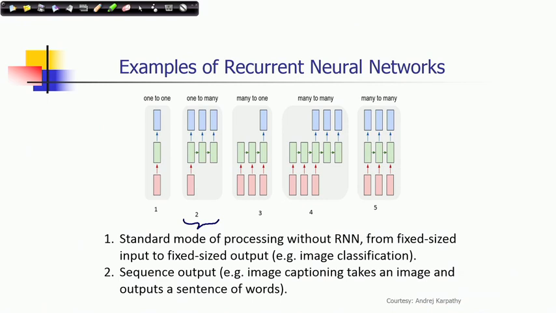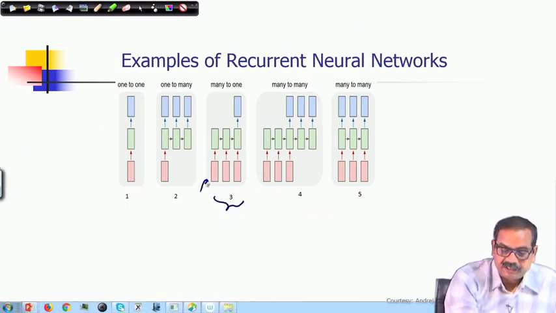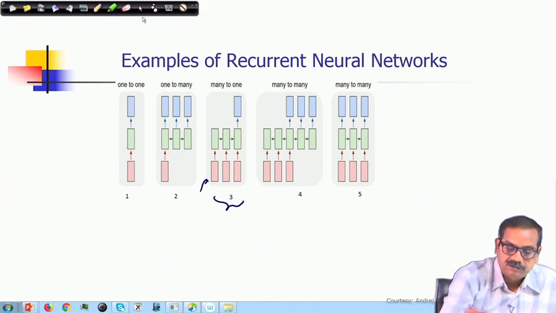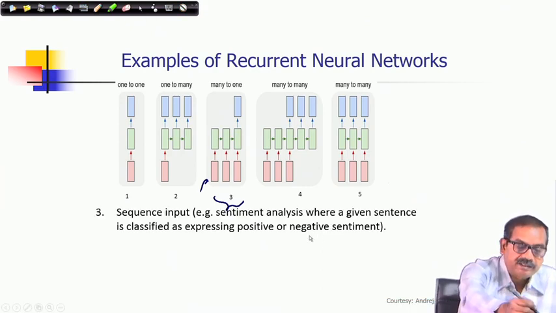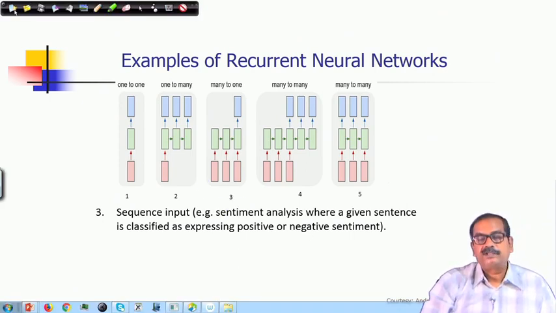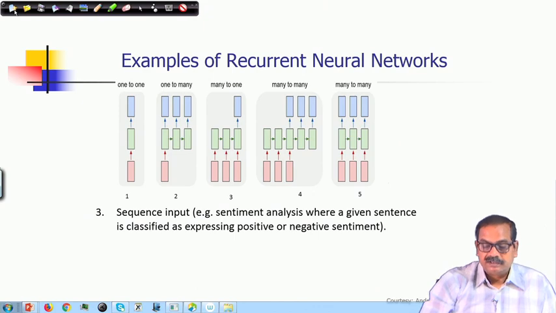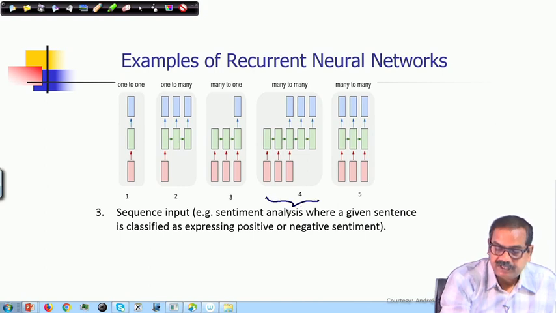The third one is a sequence input with a fixed output. A typical example could be sentiment analysis, where a given sentence is classified as expressing positive or negative sentiment. The fourth one is where the input is a sequence and the output is also a sequence.